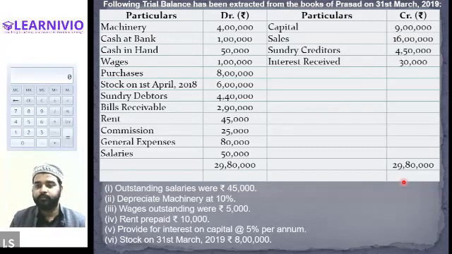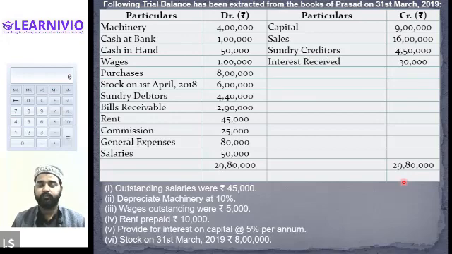Halima, you are getting 20,50,000. Still calculating. Done, Alexander. Both the sides are tallying, yes or no?